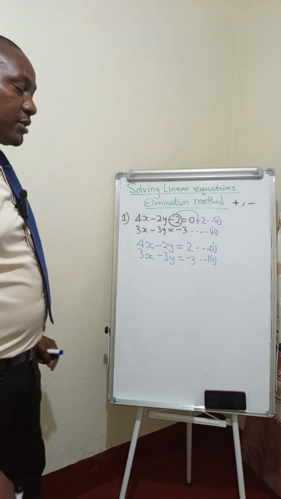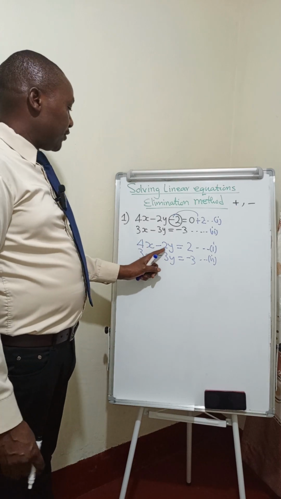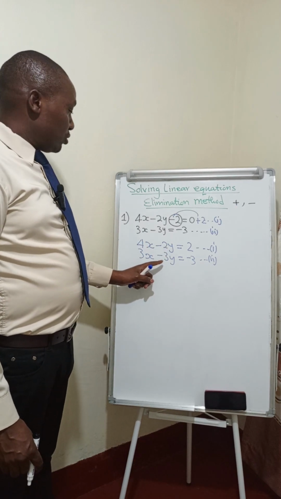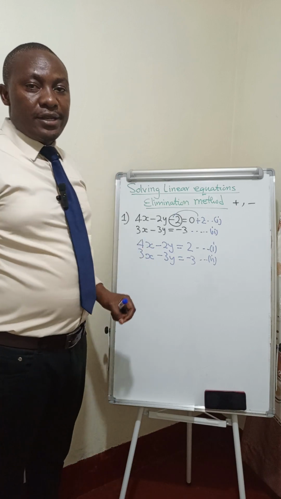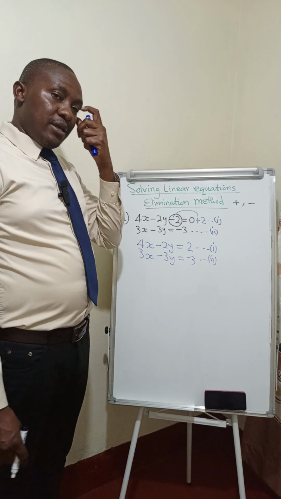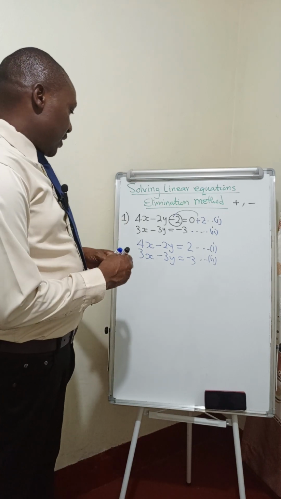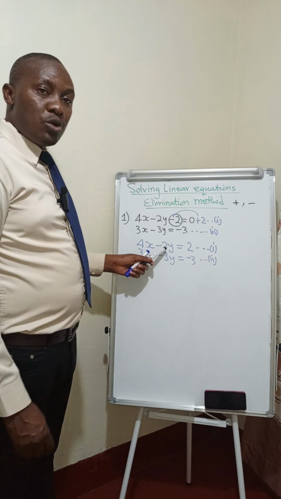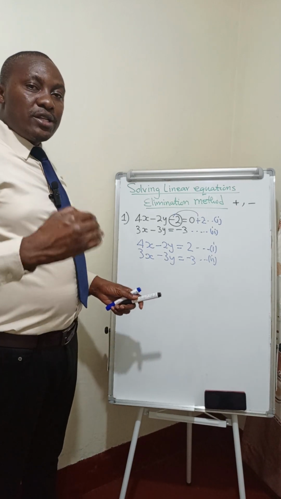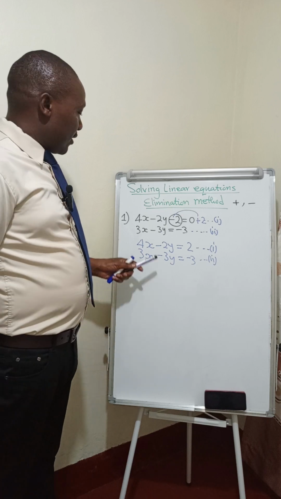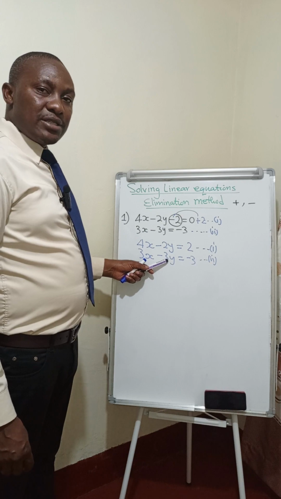Remember, the first important step is to balance these figures, the coefficient of y. If you look, we have 2 and 3. I gave you an idea to balance them easily. You can use the idea of LCM. For example, the LCM of 2 and 3 is 6. Once you get your LCM, you ask yourself, how can I make this one 6?